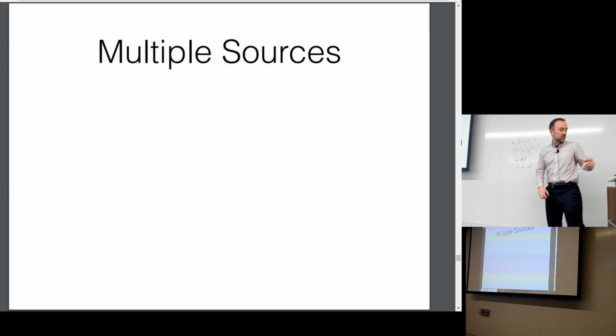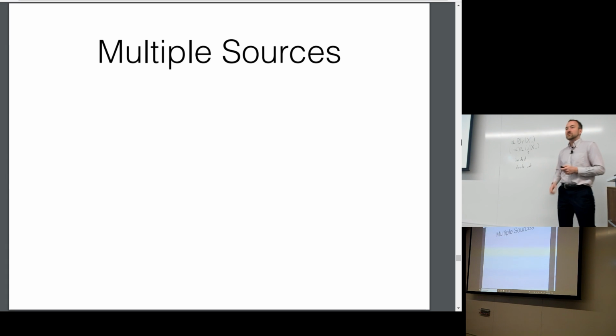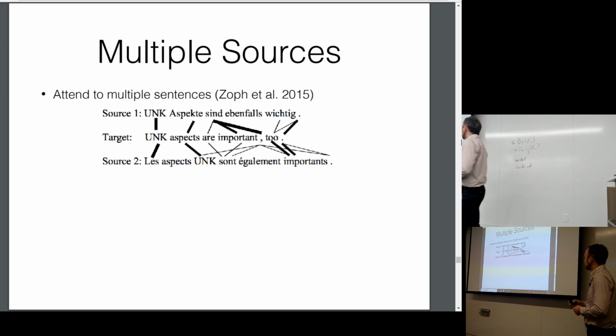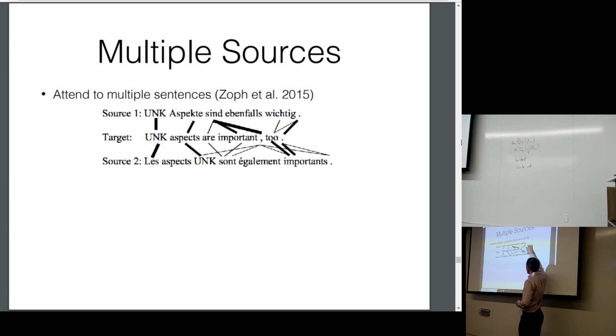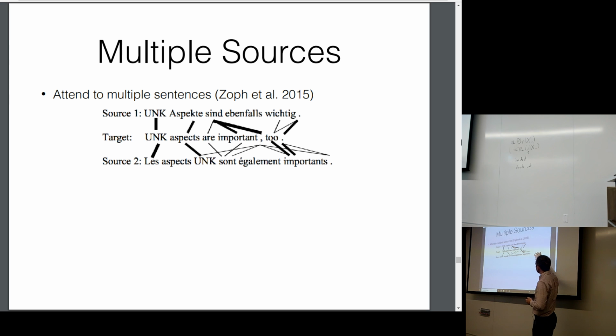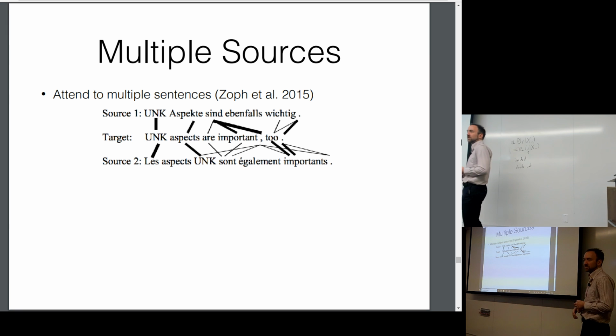Other things you can attend to are multiple sources of information. One very nice example of this is translating from multiple languages into a single language. This particular example has two sources. One is in German, one is in French. And by using both German and French inputs when you generate the target sentence, you are able to greatly improve the accuracy because maybe the structure of German is closer and the words in French are closer.